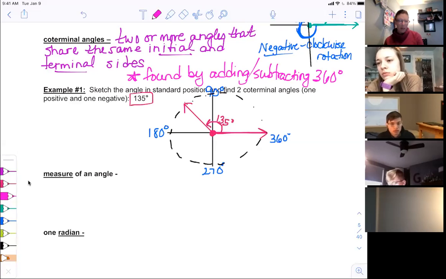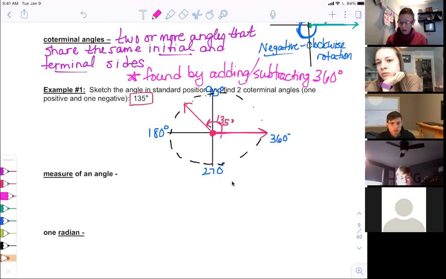Grant, how do you think we could find one coterminal angle? Could you do 360 minus 135? Yeah, we're actually going to start with the angle and we're going to subtract 360 from it. And that's going to give me the angle that goes underneath. So we have 135, that's our given value, and we're going to subtract 360 from it.